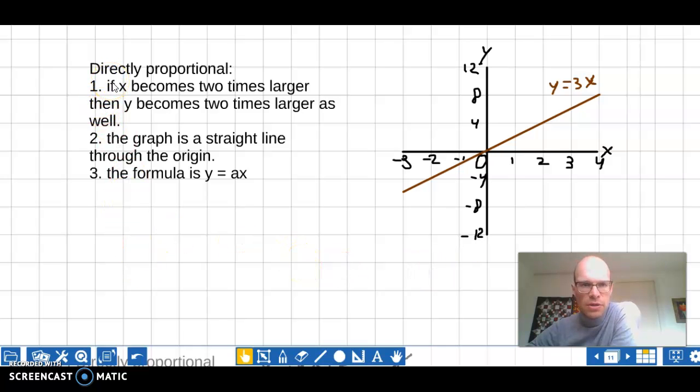If the x value becomes twice as large, then the y value becomes twice as large as well. The graph is a straight line through the origin, and the formula is y is ax. Here the formula is y is 3x, but it could be any form. If one of those three is correct, then the other two are correct as well. They are a trinity, they belong to each other, and it is called directly proportional.